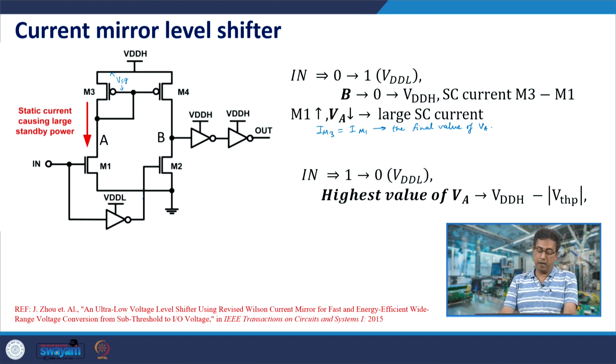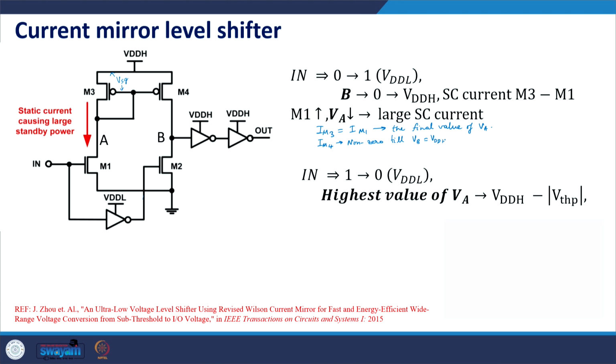But whatever be that value, M4 will keep charging till the VDS of M4 is 0. IM4 would be non-zero till VB is equal to VDD-H. So, you do not have the problem that the transistors M1 and M2 should be very large sized, which you had in cross coupled inverters. They need not be large sized.